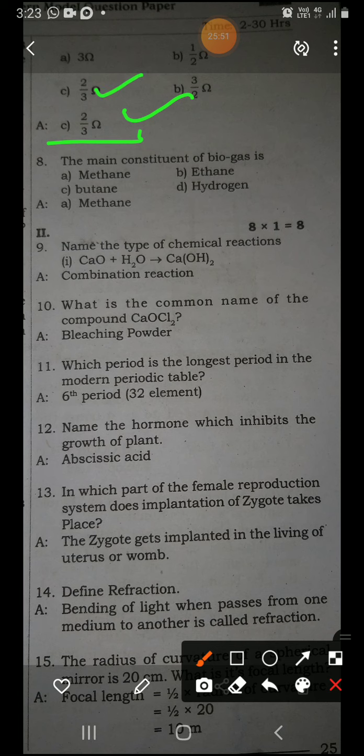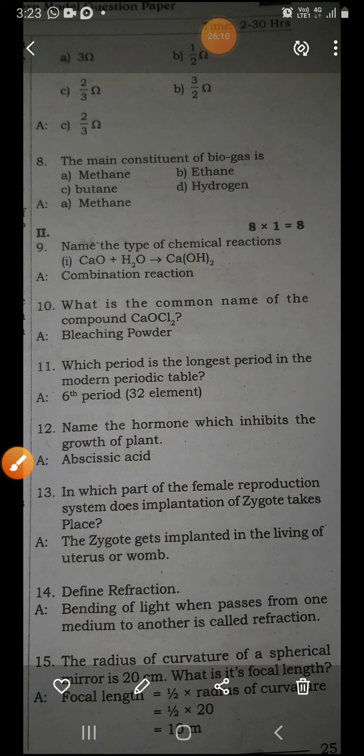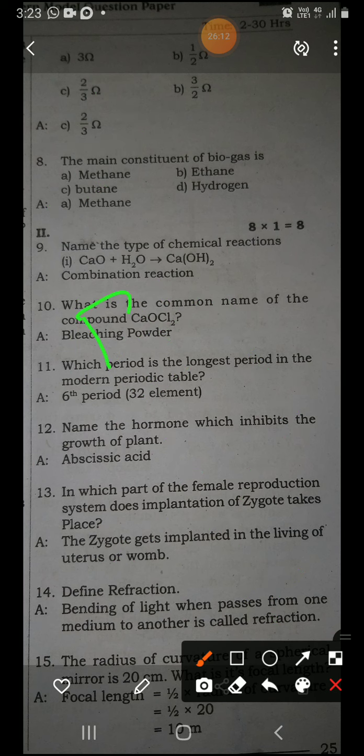Right. Next one, the main constituent of biogas. You know that methane is the main constituent of biogas. Methane is nothing but CH4. This is the structural formula of methane, with carbon and H atoms around it.